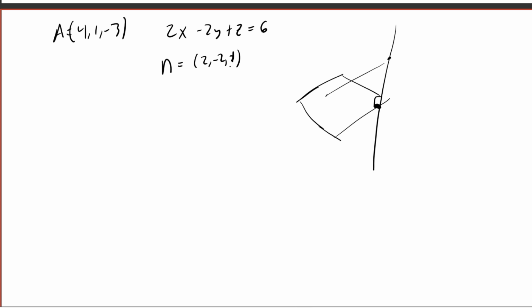So that means that the equation of the line is going to be (4, 1, -3) plus t times the direction vector, which we know is the same as the normal.